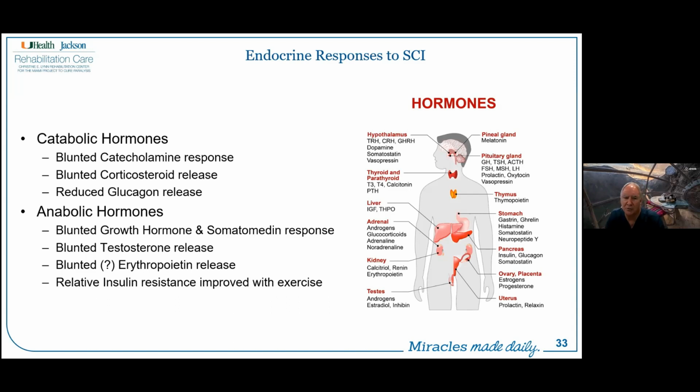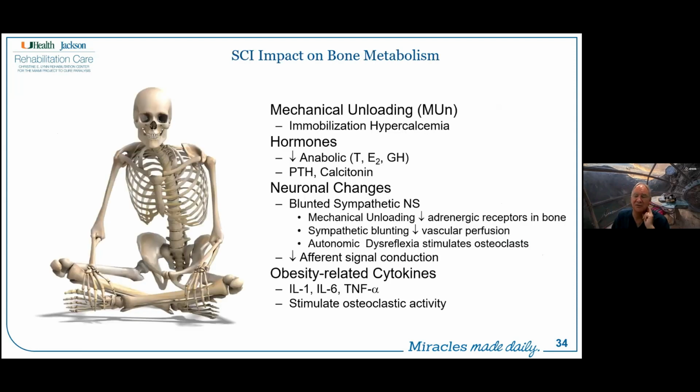The anabolic hormones, however, are the ones that build back up the muscle, build back up the bone, etc. And we know that those are very blunted after spinal cord injury. So we have significant issues that we have to contend with after spinal cord injury that are new and different to many physicians who don't understand all of these changes that have occurred.